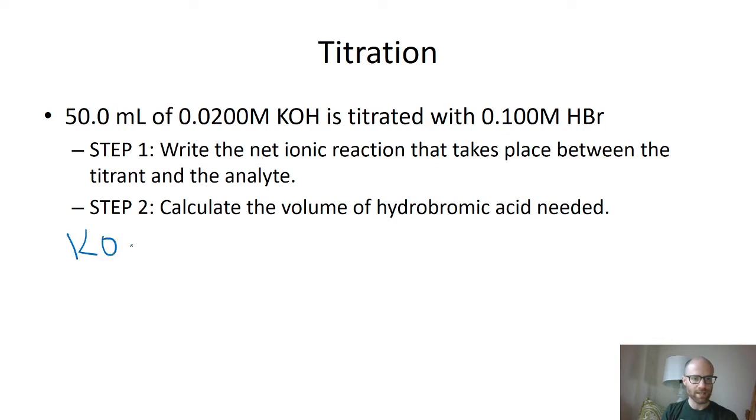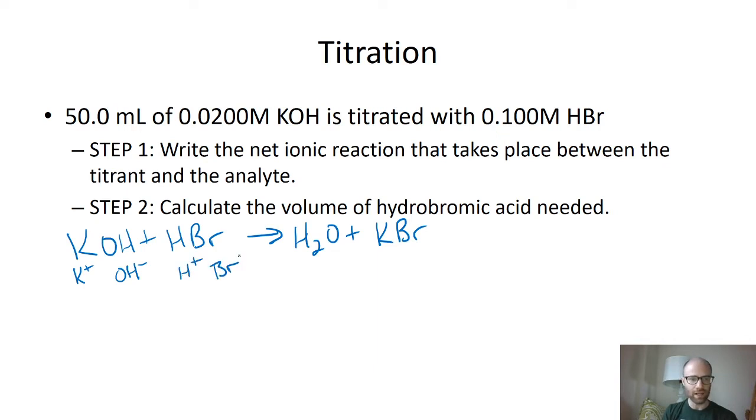So potassium hydroxide plus hydrobromic acid, a simple double replacement reaction, should make water and potassium bromide. If you can't remember the process for net ionic equations, split everything that can ionize into what it ionizes into.